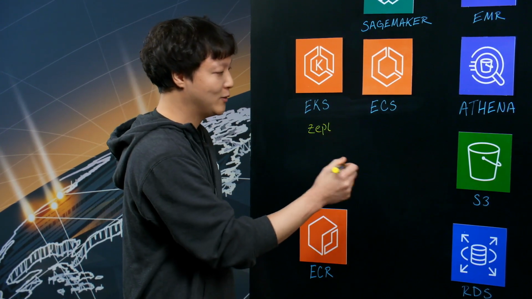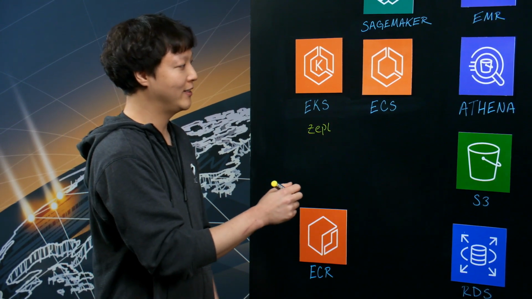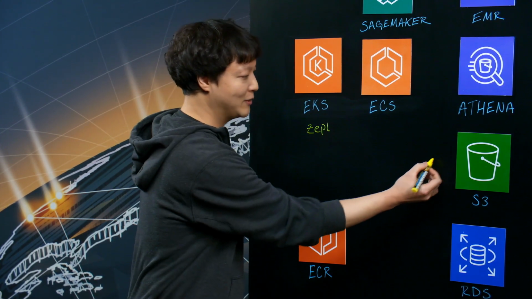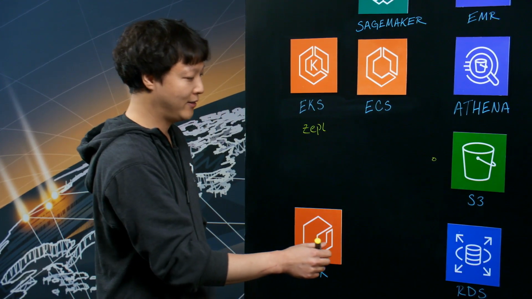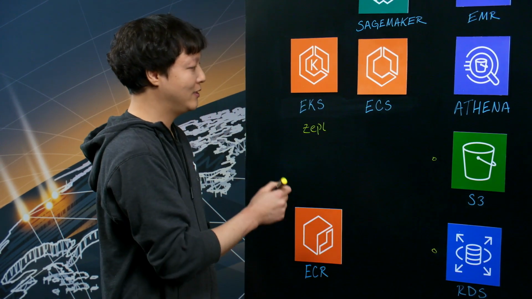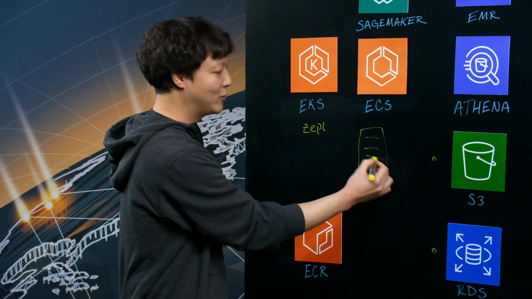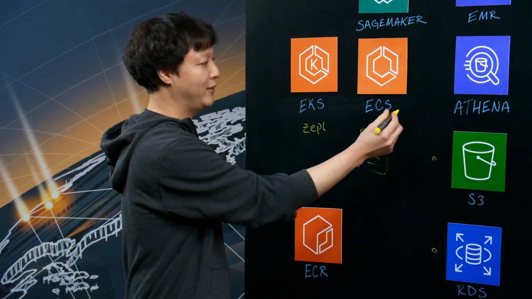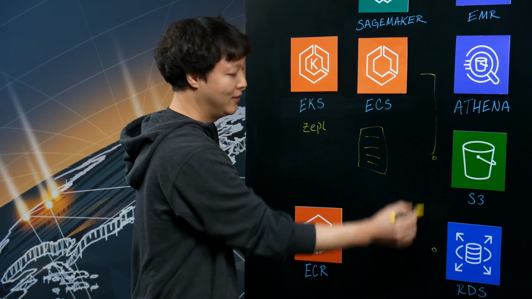Let me assume that we have a customer's behavior data that our data engineer prepared on Amazon S3, and historical churn data on Amazon RDS. In Zepl, the first thing you can do is create a notebook, and that notebook is running on ECS, and the notebook can connect to multiple data sources at the same time.